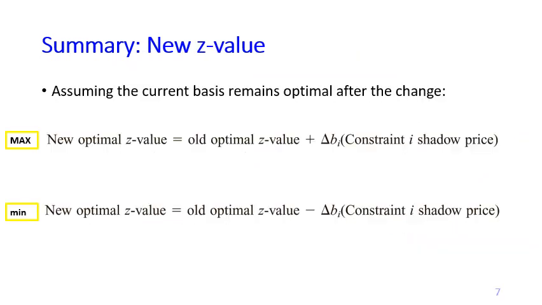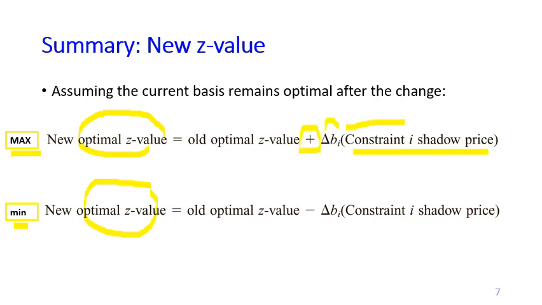The second summary, what I'd like to say here, is that once we have obtained the shadow prices, whether it is for the maximization or minimization case, we may obtain the new optimal z value using this formula. Basically, if maximization, the sign here is plus the change times the shadow price.